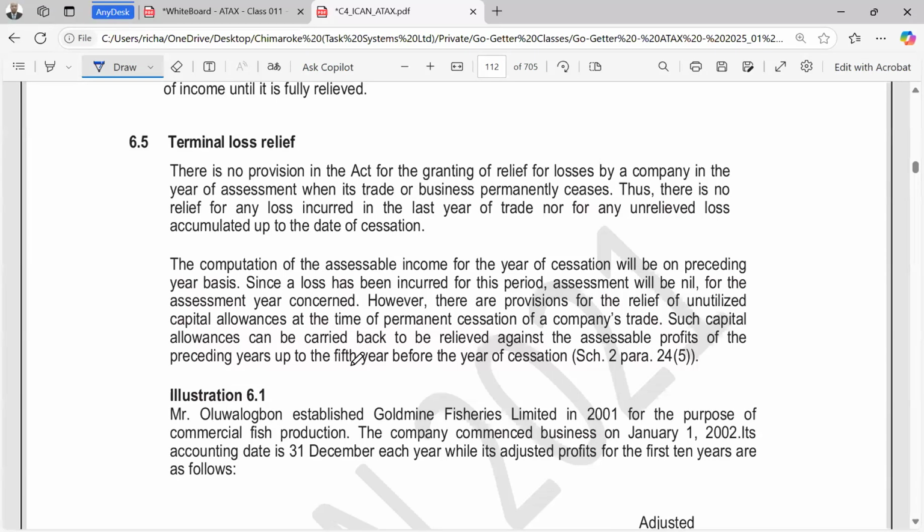Now, remember when we were doing capital allowance, we said when a capital allowance unrelieved hits the cessation year, there is a provision to carry backward these capital allowances for 5 years. There is a provision for that for only capital allowance, but there is no carryback provision for losses.